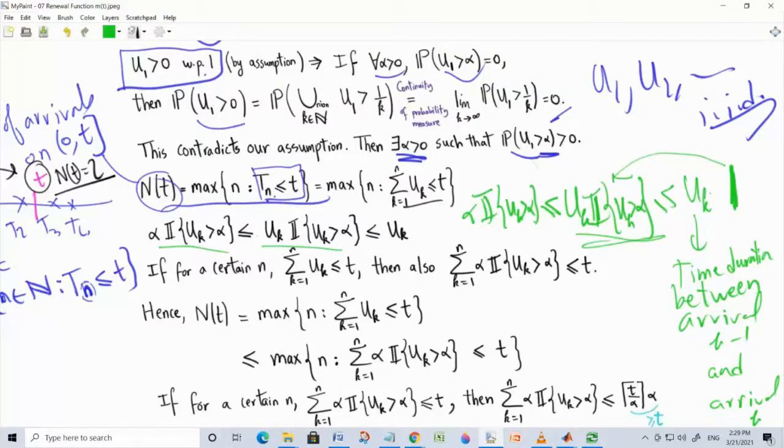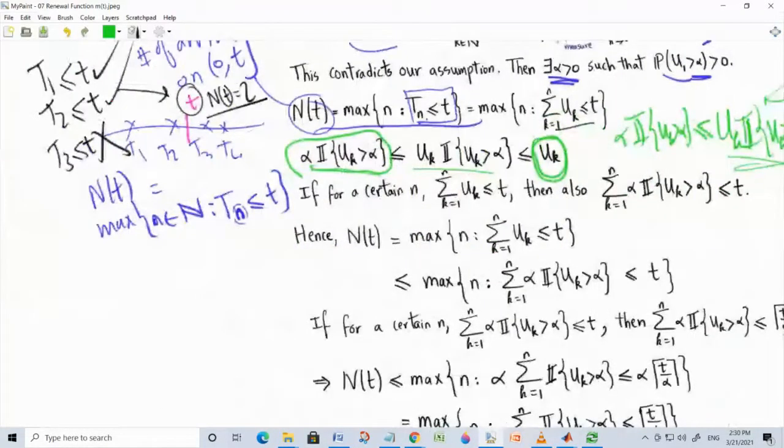Yes. If the condition is violated, you have 0 less than or equal to 0, which is fine. If the indicator is 1, then U_k is greater than alpha, which means U_k is greater than or equal to alpha. So this inequality is true. So we will lower bound U_k by alpha times the indicator of U_k greater than alpha.